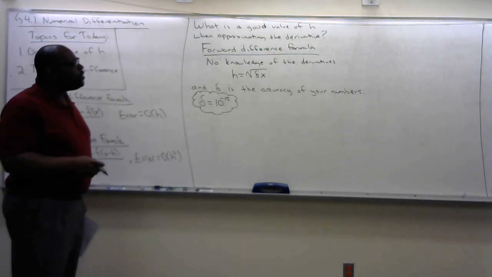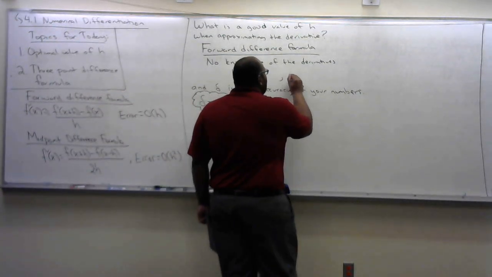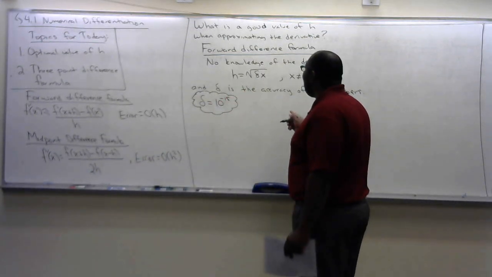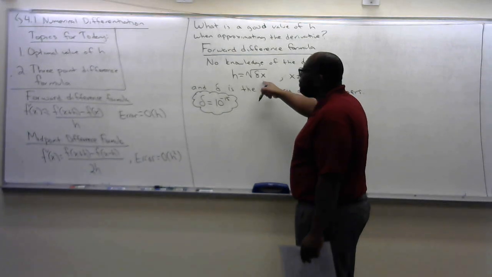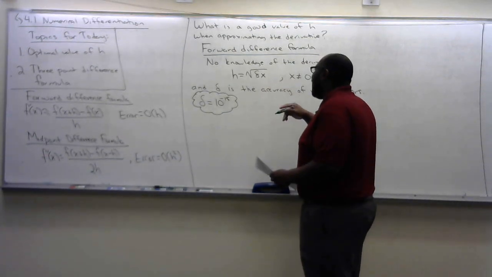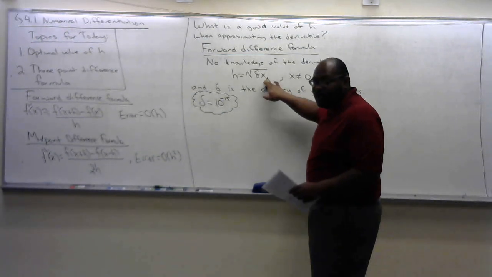So if I have no knowledge of the derivative, choose h to be equal to the square root of delta times x, as long as x does not equal 0. And a lot of times I want to put absolute values around this x too. So if I choose an x that is negative, just put absolute values around the x.